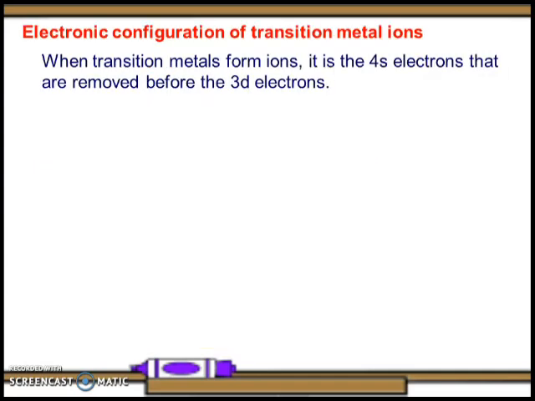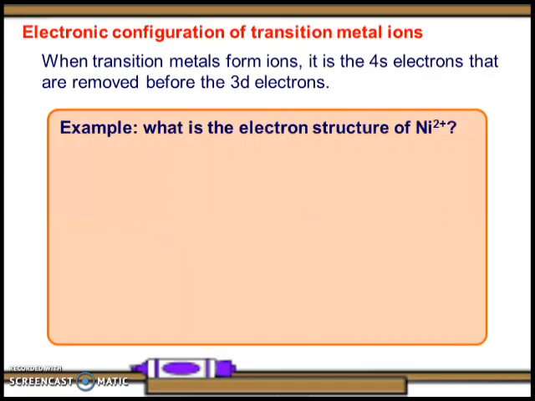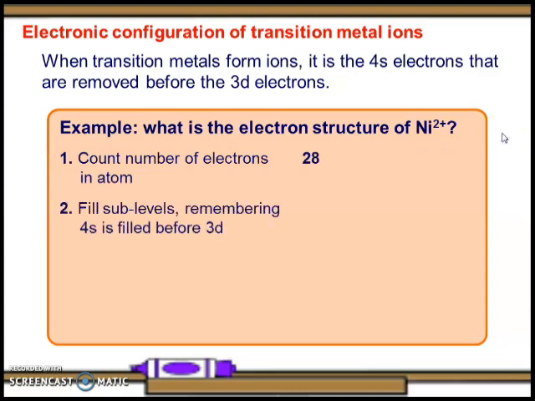When transition metals form ions, it is the 4s electrons that are removed before the 3d electrons. For example, what is the electron structure of Ni2+? Again, count the number of electrons in an atom. So we have 28. Second, fill sublevels, remembering 4s is filled before 3d. So we have the standard electron configuration of nickel as 1s2, 2s2, 2p6, 3s2, 3p6, 4s2, 3d8.